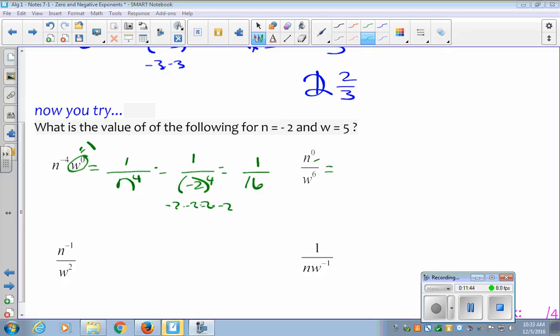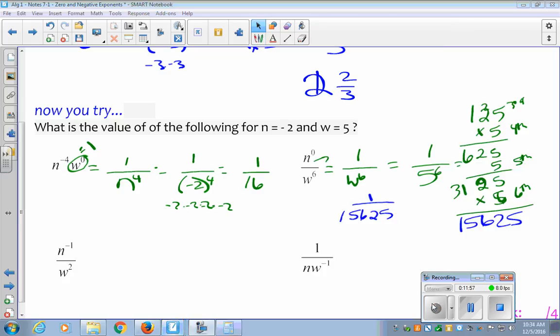We're going to simplify this one. We know that this is equal to 1. We have w to the 6th power. So when you calculate that out, you have 15,625. Whatever. Okay, so we are going to take this negative and move it down to make it positive.